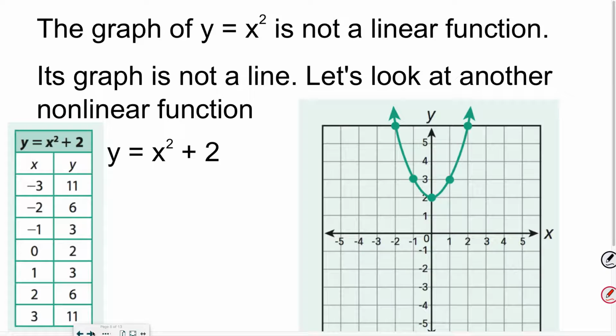So let's look at another one. Now we have y equals x squared plus 2. If you take a look at the table, what do they do here? Look at the x values and look at the y values. What did they do that we just did?